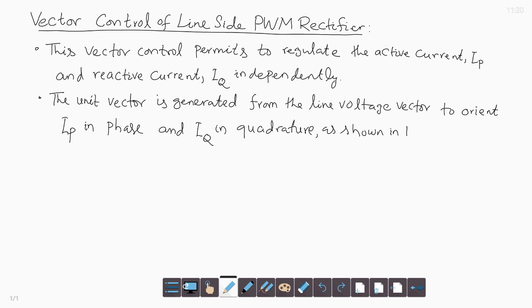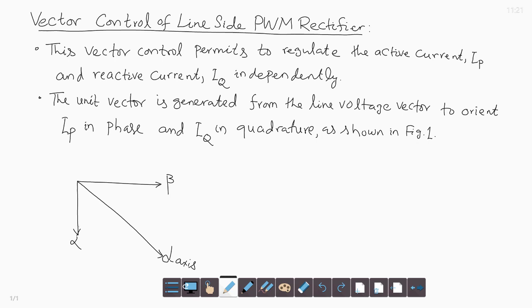Let us number as shown in figure 1. So, we will draw it. Beta axis, alpha axis, this is the D axis, the axis of voltage vector.